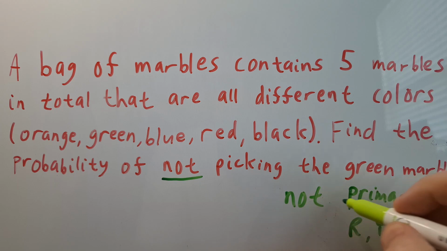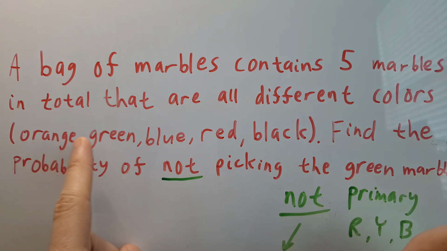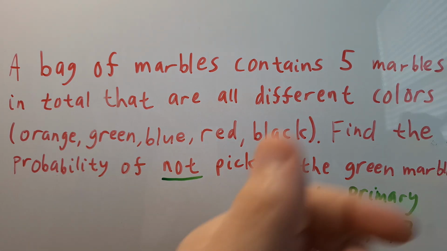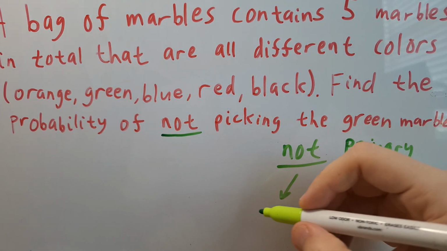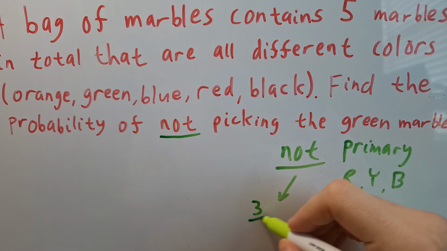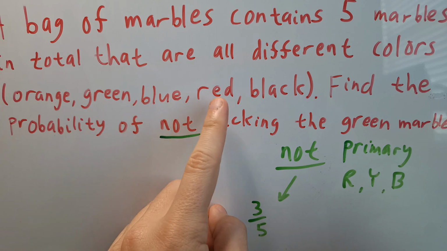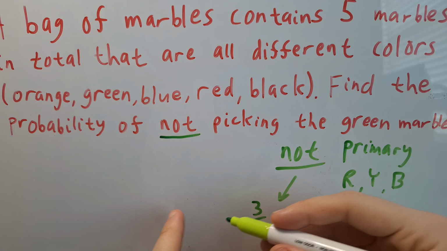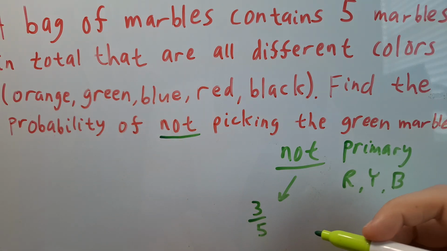So not primary would be orange, green, and black. That probability would be 3 out of 5. Because 2 of the colors in here are primary, red and blue. If you take 3/5 away from 1, you'll get the probability of those primary colors, which was 2 over 5.